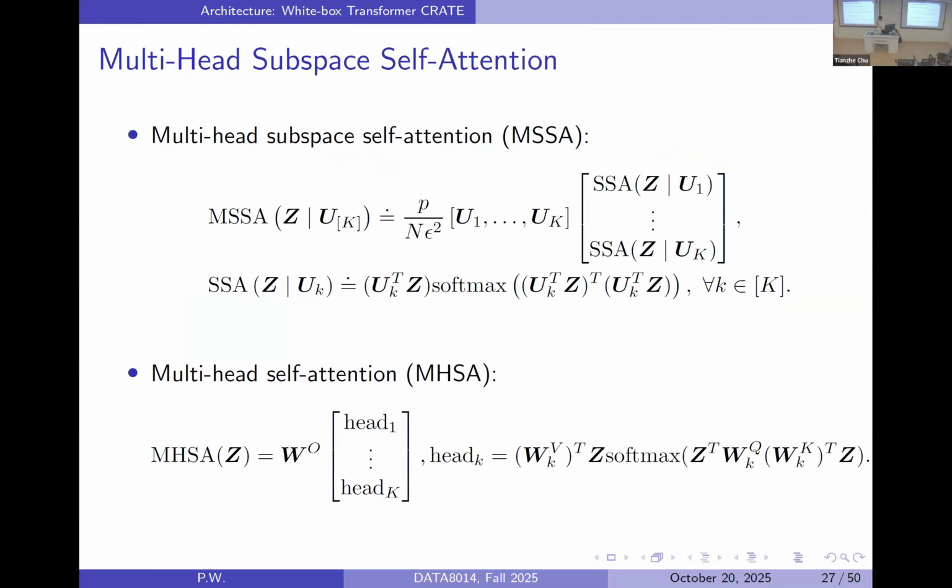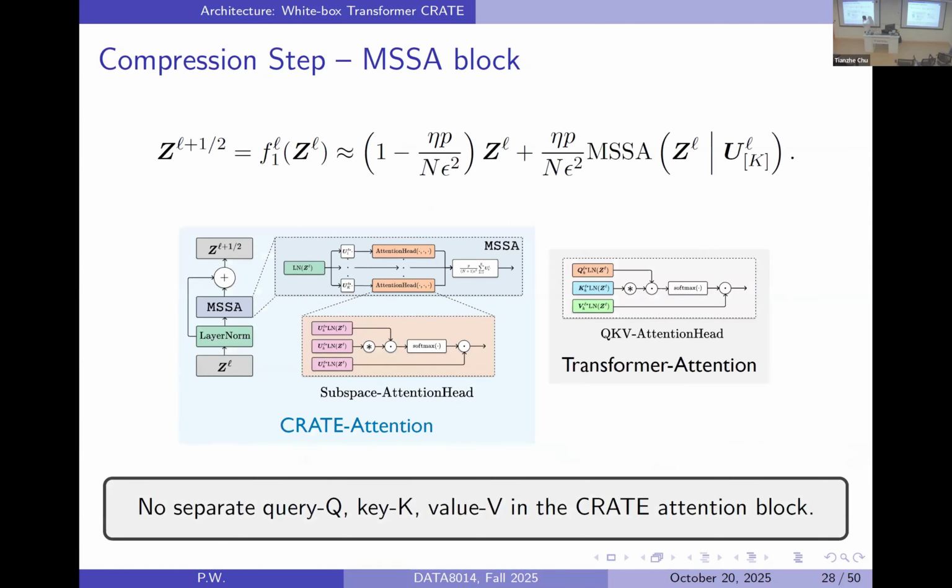Specifically, the formula is here, you can see, right? There are lots of attention heads, head 1 until head K, and we do a linear combination to get the output. And inside each head is multi-head subspace attention. That is the whole map of one attention block.